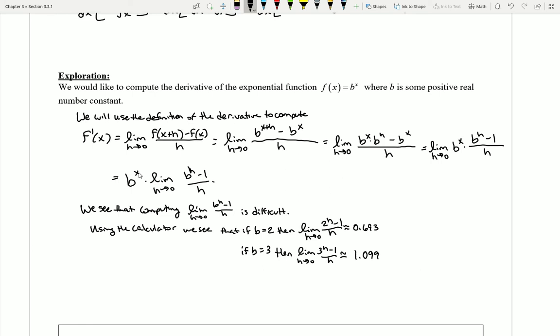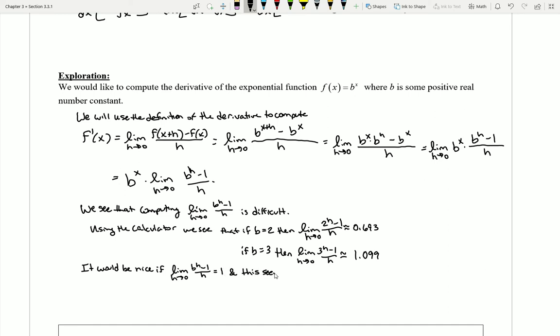So I'll go ahead and record this. I'll just say, it would be nice if the limit of b to the h minus 1 over h was just equal to 1.